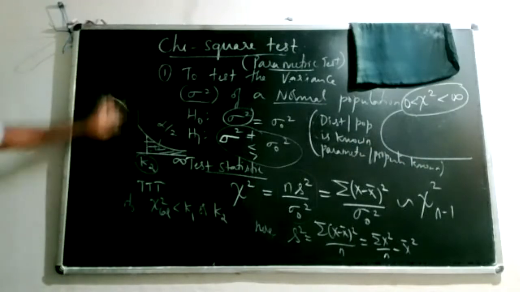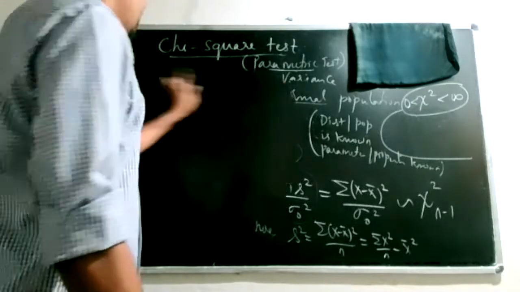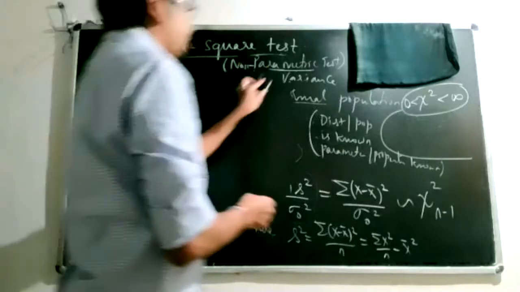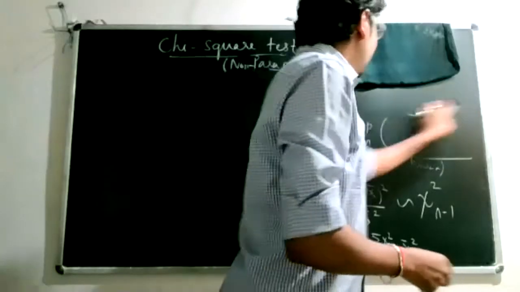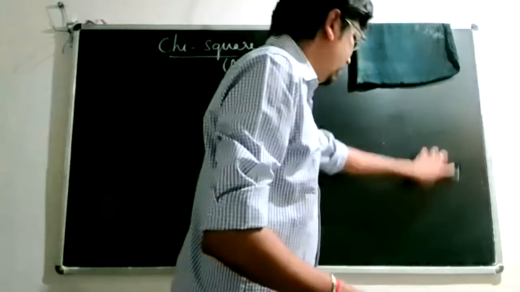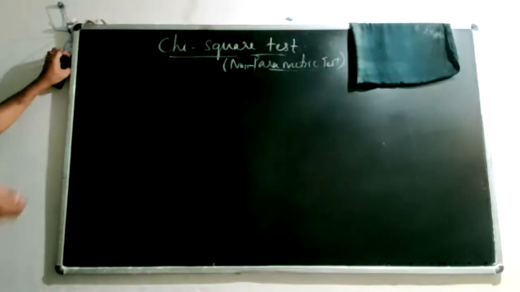Now, the next type of inferential statistics is the non-parametric test. Non-parametric comes into the picture when you don't have the population parameters known to you, or the population properties, like what type of distribution it is from, a binomial or a normal.